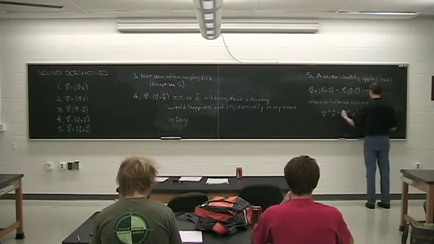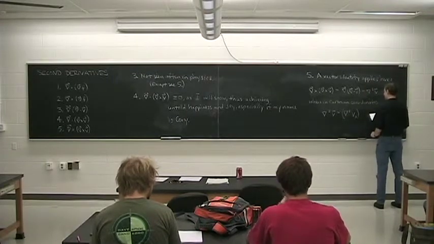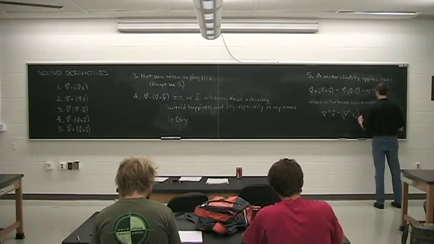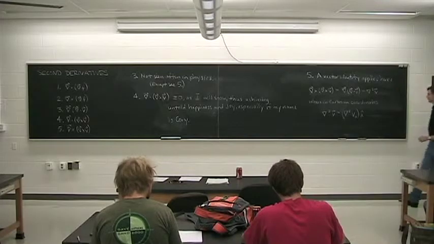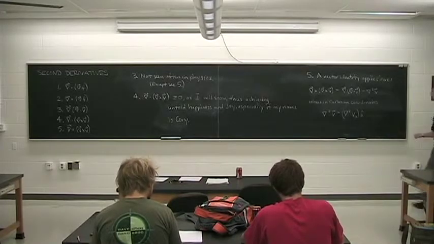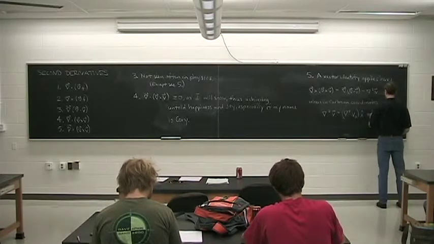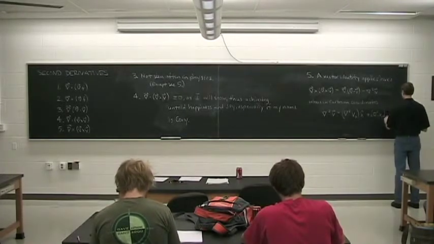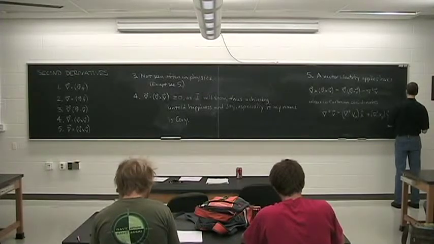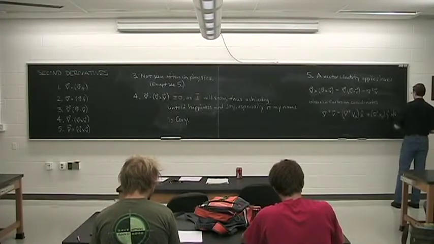So in other words, it's grad squared of v, the Laplacian of v sub x, the x component of our vector field v, times x hat, plus the Laplacian of its y component times y hat, plus the Laplacian of its z component times z hat.